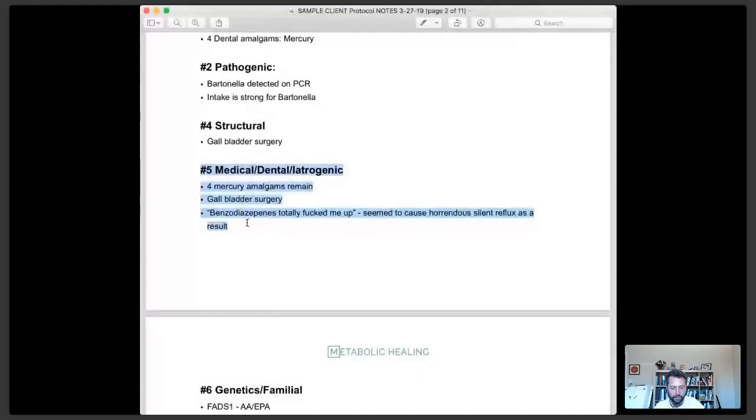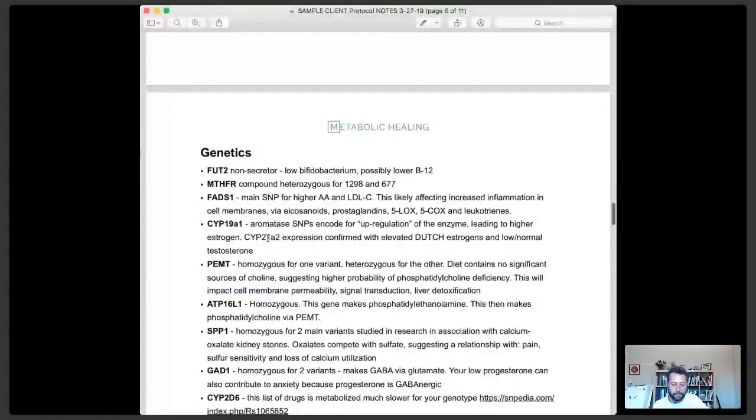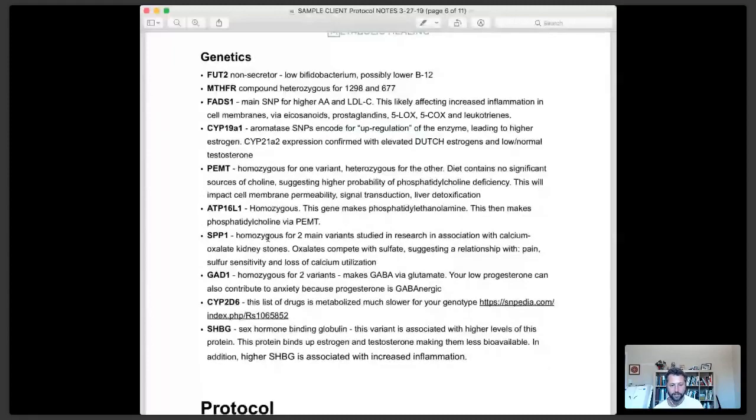And with the genetic stuff, what I did here with her was I pulled out, after I looked at all of the markers, after I looked at everything, I said, okay, here's all the genetic variants I think could be affecting you based upon your symptom presentation and everything that's going on, right? I said, this is what's probably stuff that needs to be sorted out at some point. This is how I use the genetic data. I don't just pick and choose things. I'm looking at finding how they all fit together.